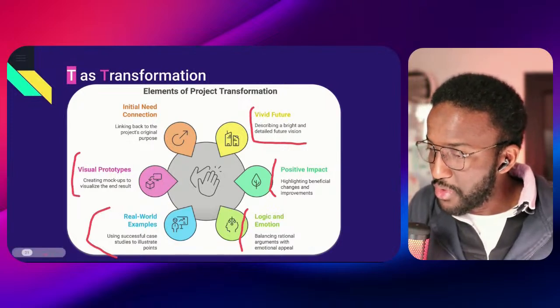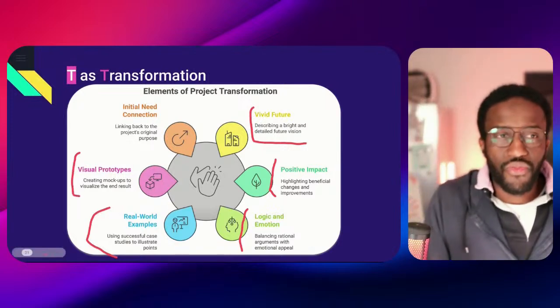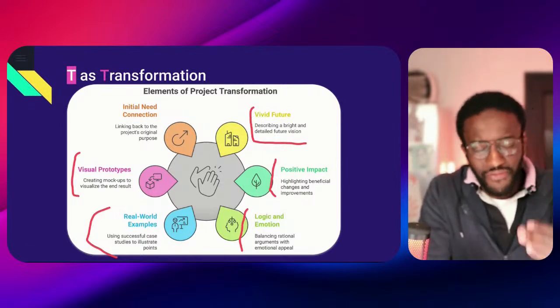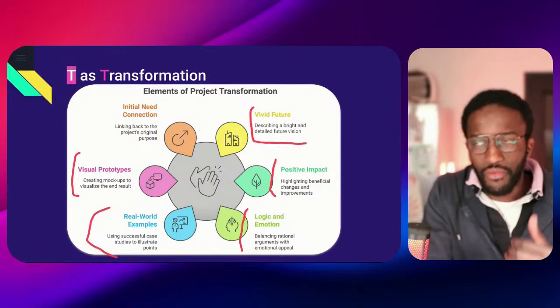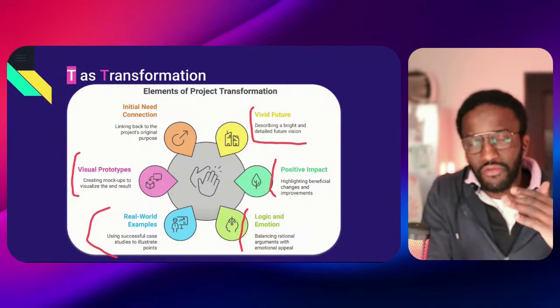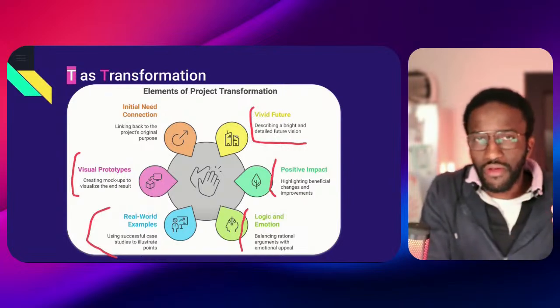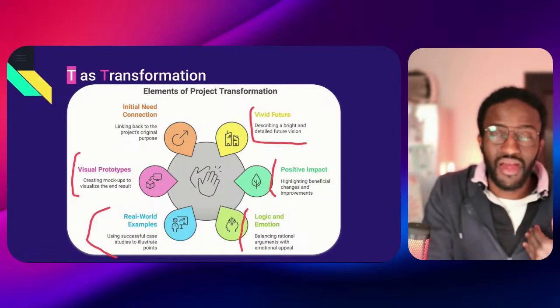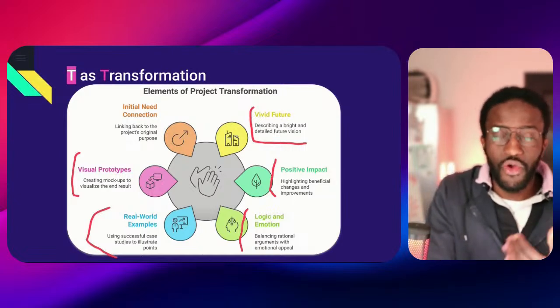Visual prototypes are something really important, because you have spent a lot of time with your project. It's really clear in your mind, but you need to make it visual for the rest of the steering committee, people who are not in your head, who maybe are not as familiar as you with the solution.